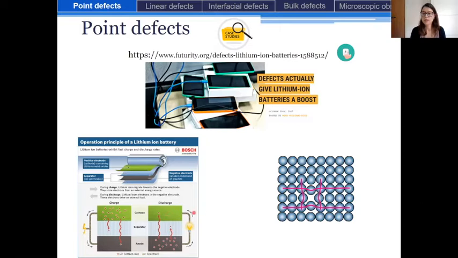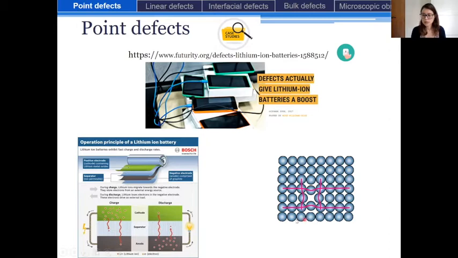And so basically, to make the relationship with the studies that we saw in the previous slide, by introducing point defects in this material, it favors this transport of the lithium ions in your battery, and so it improves the performance of your battery.